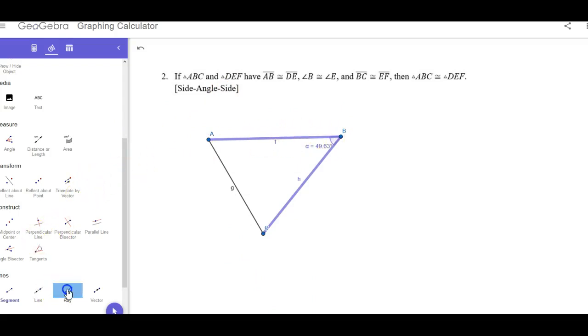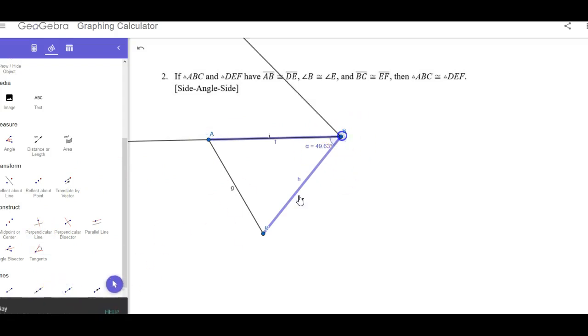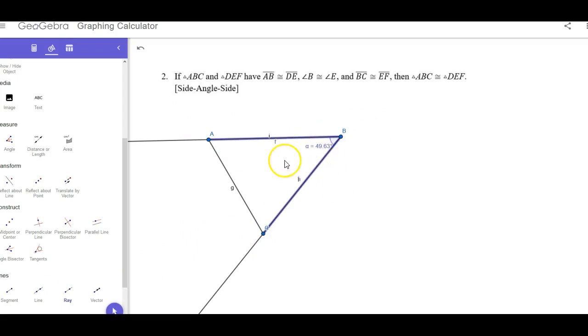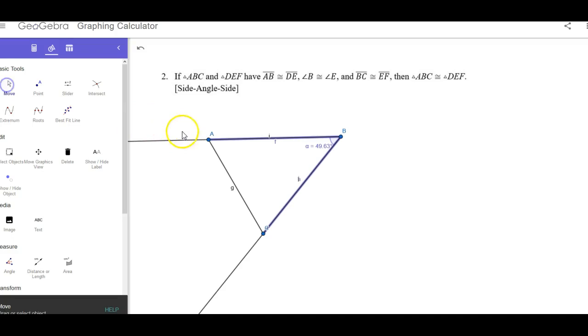In this case, if I put this ray here, B to A, and the ray B to C. If I have this set length I and H, or whatever the set purple length is, there's only going to be one distance between A and C that's going to be G here. So there's no way to make another triangle.